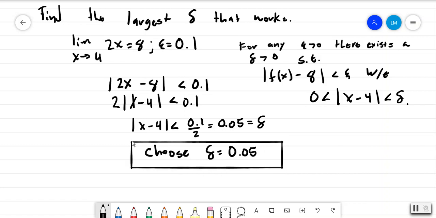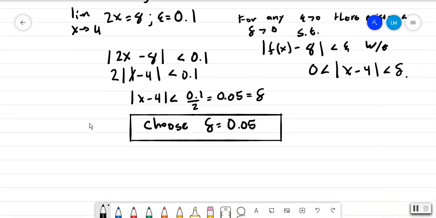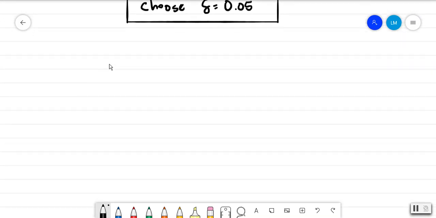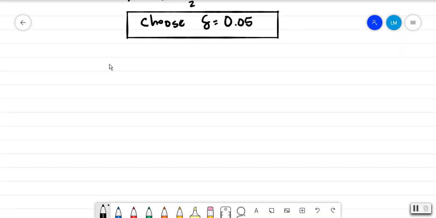Okay, so let's look at another one. What I want to do is look at proving a limit.